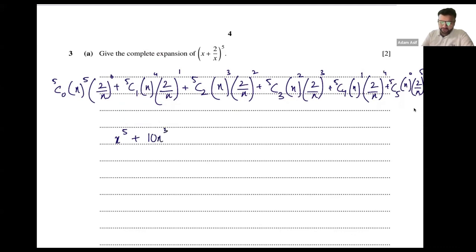This is going to be 10x cubed. 5C2 is 10. 10 times 4 is 40x, and 2 to the power of 5 is 32 upon x to the power of 5. This is the complete expansion of the bracket. Are we clear?